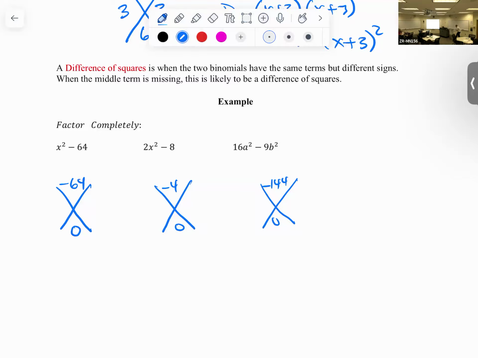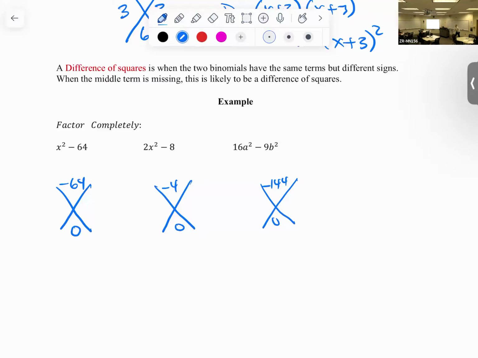For the first one, -64 and 0. What times what multiplies to 64 and sums to 0?